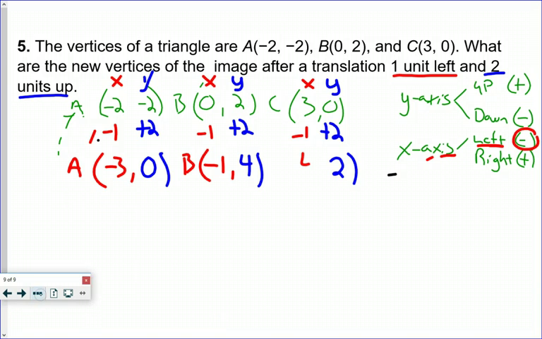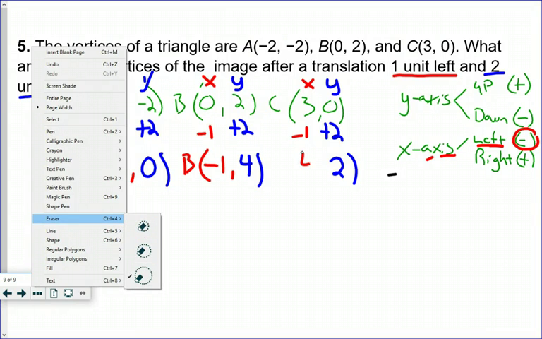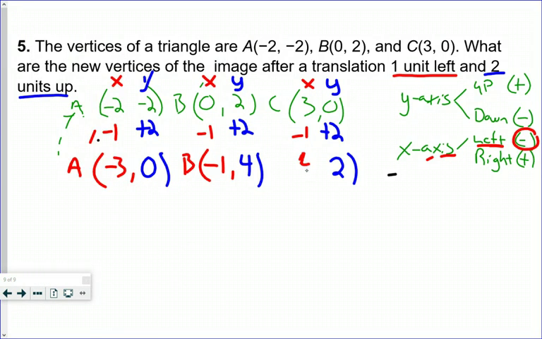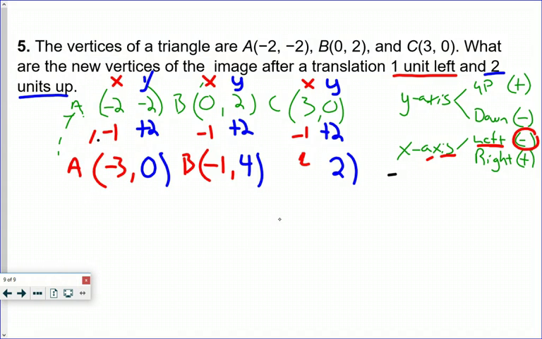And I got to get an eraser here. There we go. Oops. Guess it did give me my eraser. There we go. Get rid of that.